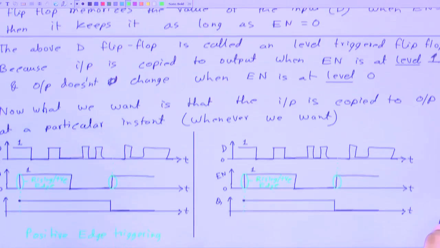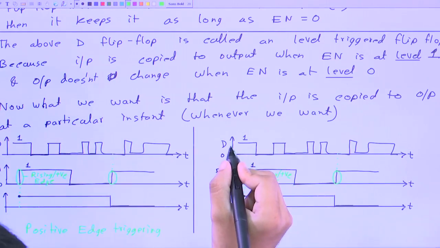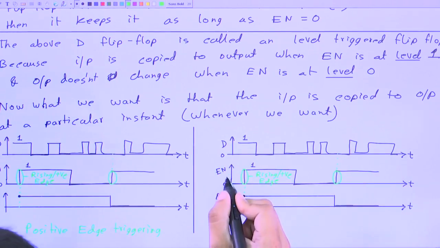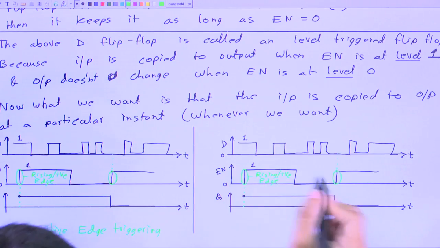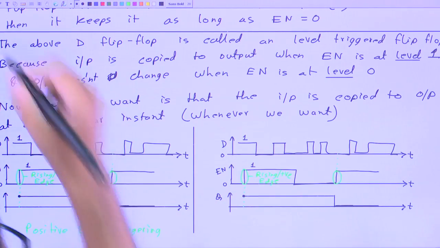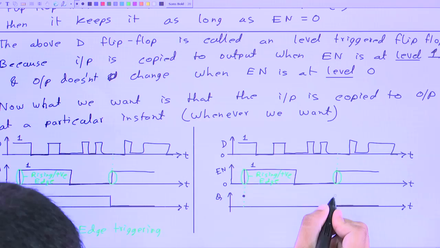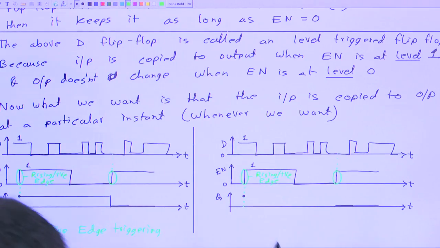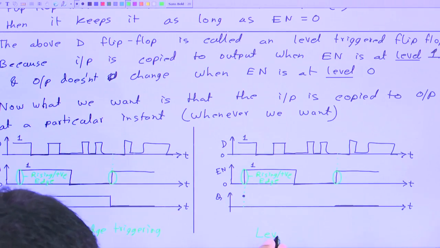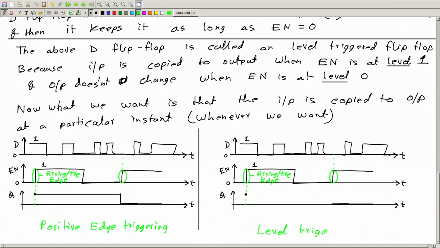Let us take the same input D and same input enable, and see how the output will change in this case. This is level triggering, or level triggered D flip flop. This is also a D flip flop.